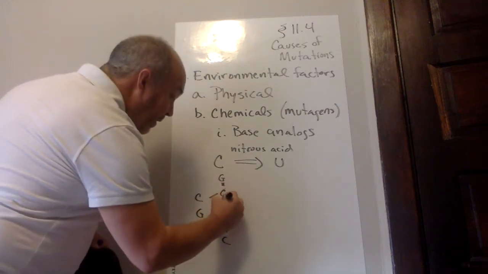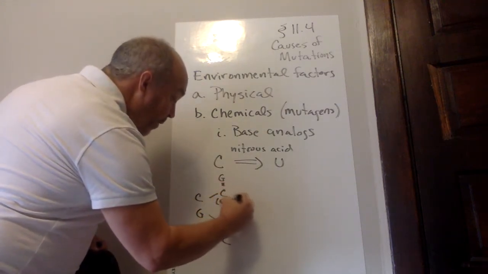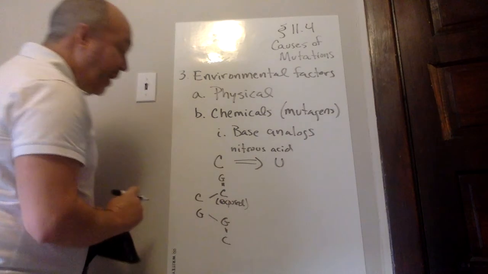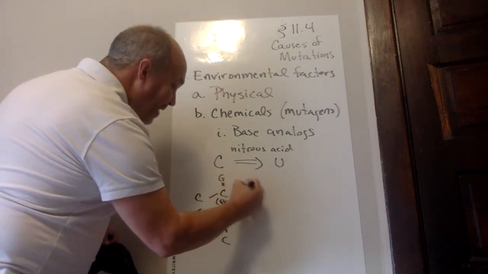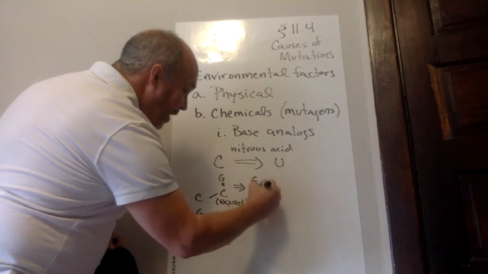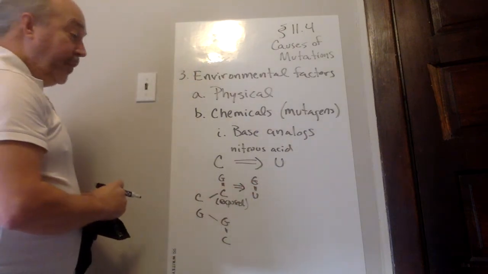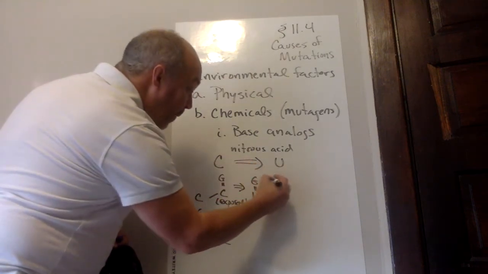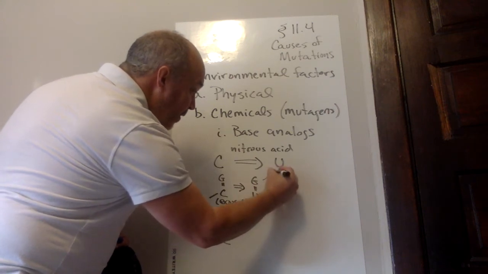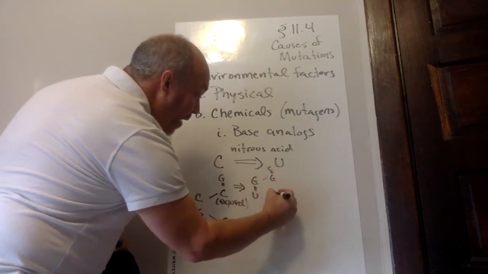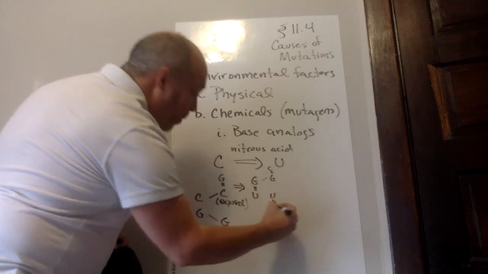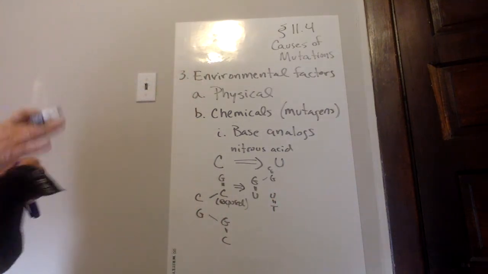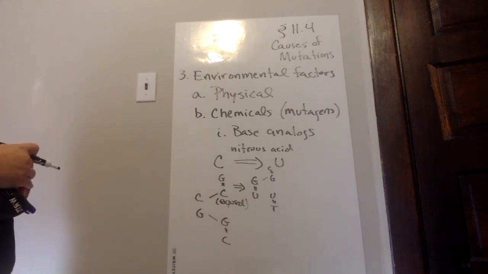Well, let's say that this particular C becomes exposed to nitrous acid. Now, in a sense, this G is now bonded with a U. And when it undergoes replication, this G will still bond with a C, but now this U, which is in effect a T, will bond with an A. So once again, it's a cytosine molecule, but it's acting like a uracil molecule.